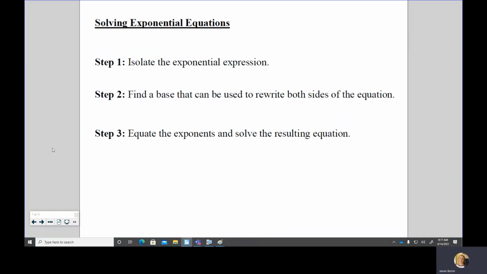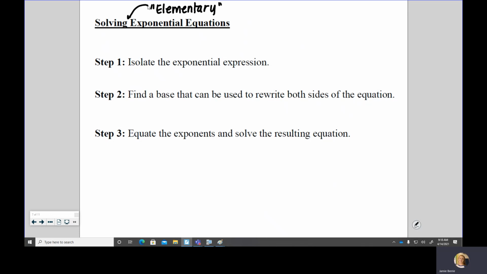All right, so let's get to the most important part of today's section, which is solving exponential equations. In your book, they actually call these elementary exponential equations. That just means that these are the easier ones relative to some of the exponential equations we're going to see in the next few sections.